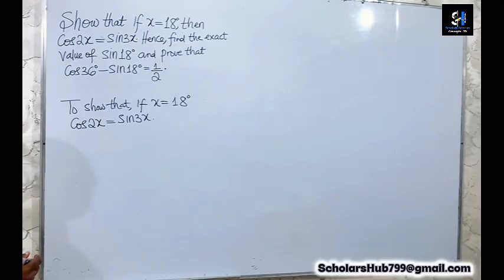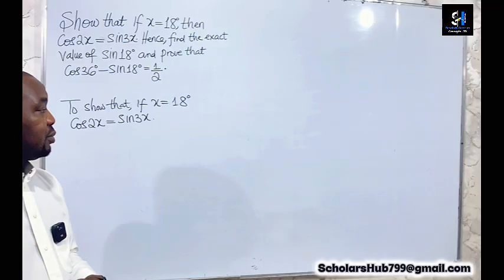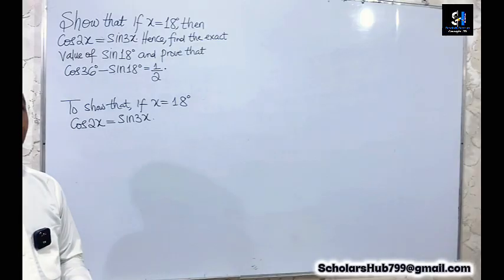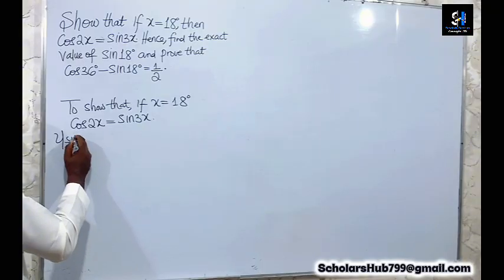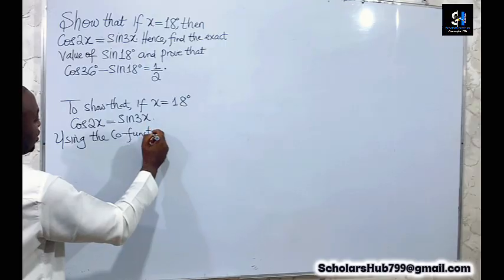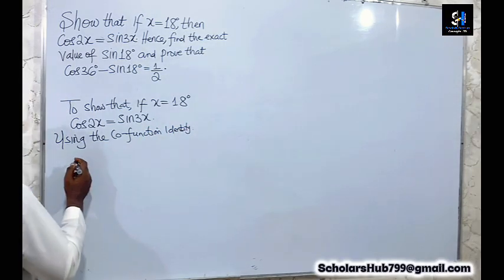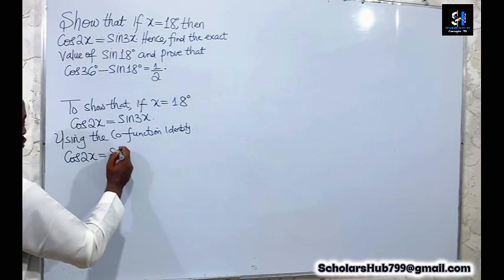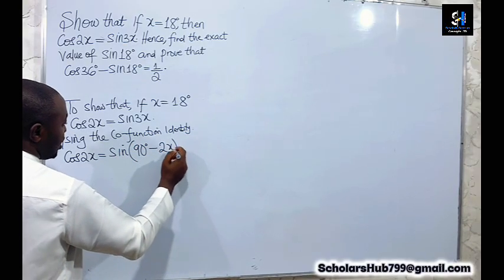Okay, so what I'll do in this case is to use what we call the cofunction identity. I'll use that of sine and use that of cosine. So using the cofunction identity, we know that if we have cos 2x, this will be equal to sine of 90 degrees minus 2x.